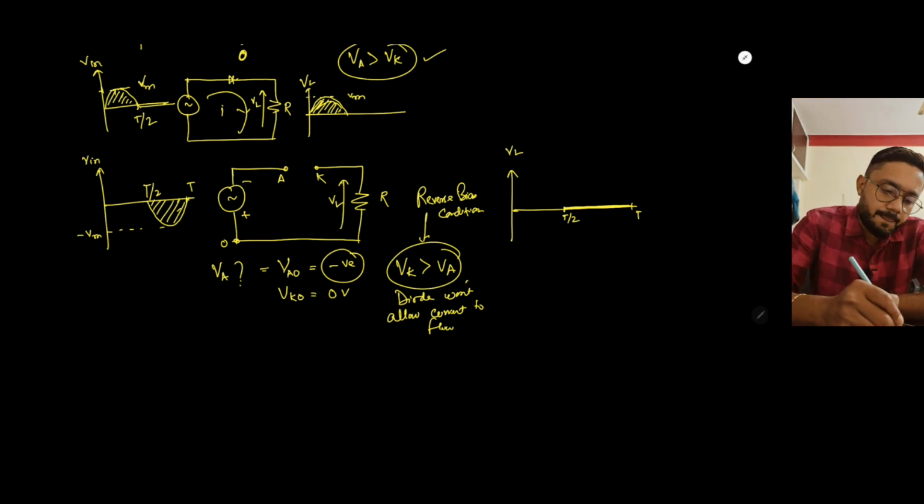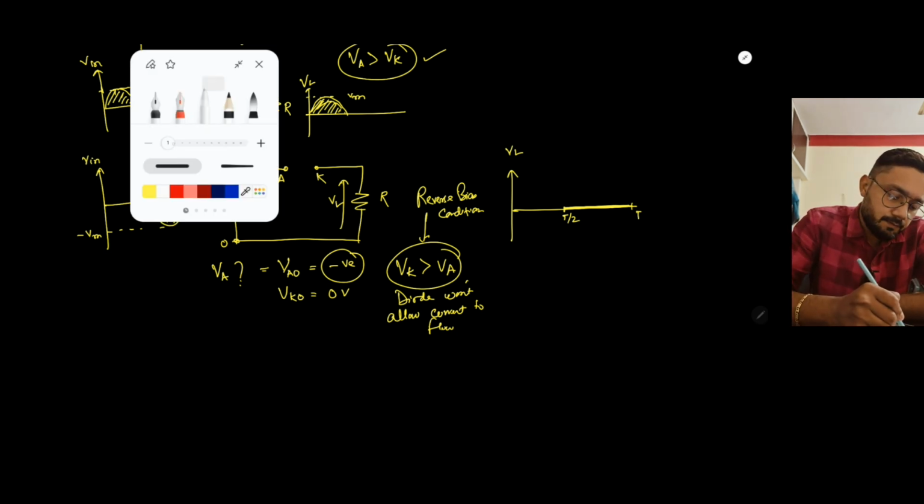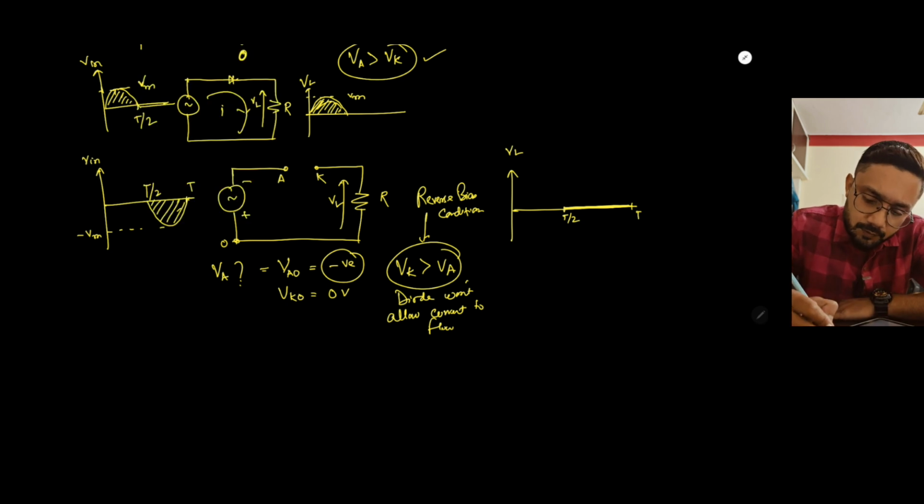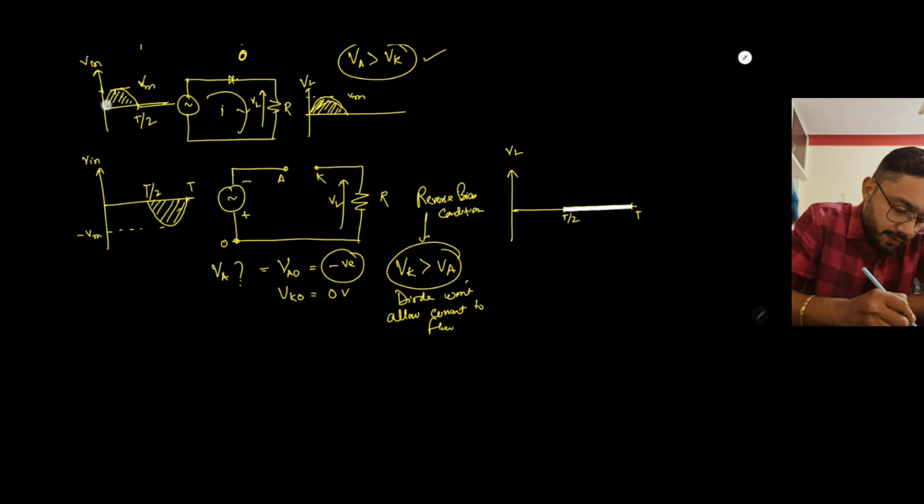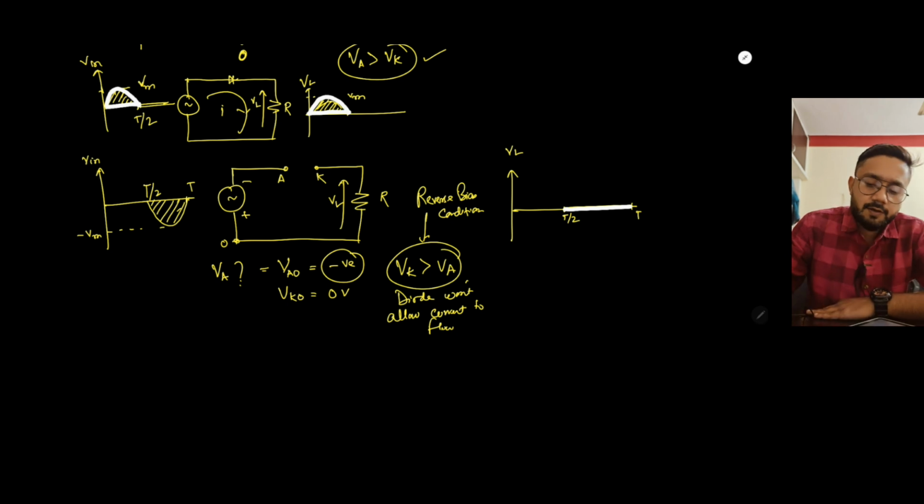So this will be 0 during this condition, and when there was a positive cycle, we have the voltage here.